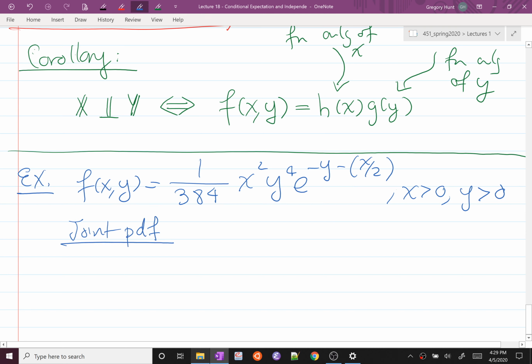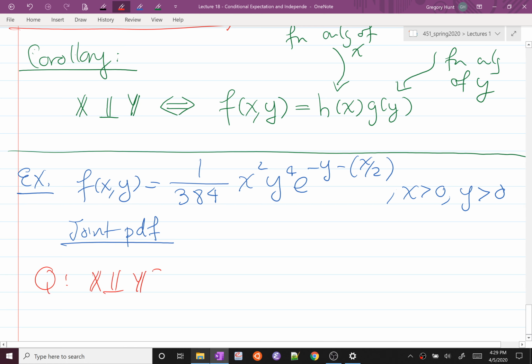Now, if I want to find the marginals, I have to do some integration. I would have to integrate out x and integrate out y. I don't want to do that, because that takes time. What I want to do is really quickly answer the question: is x independent of y? Well, it looks like I can write my joint f of x, y as the product of two functions.